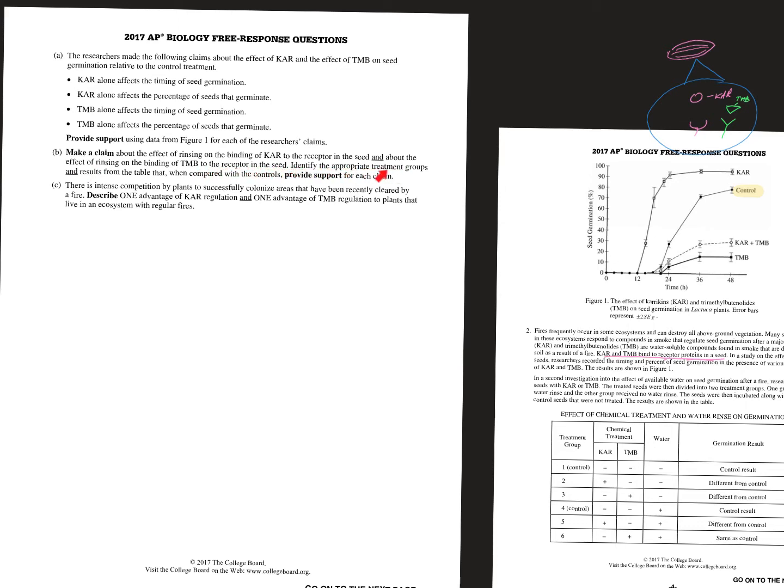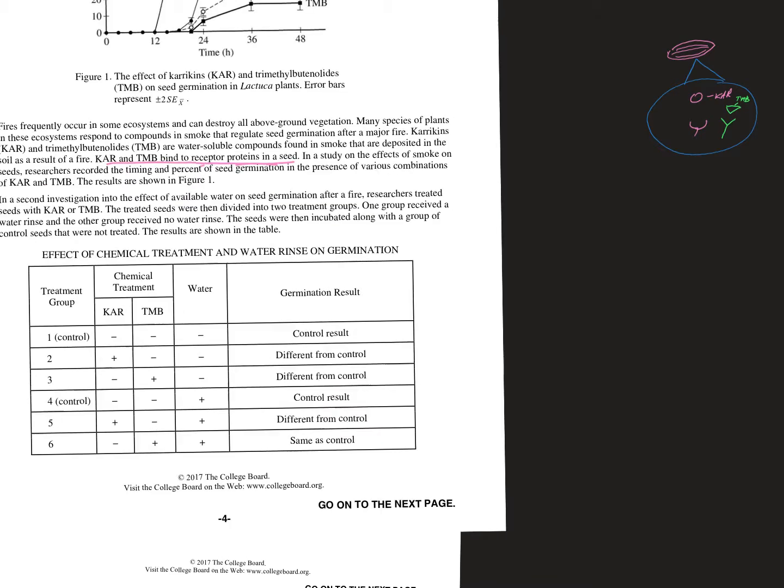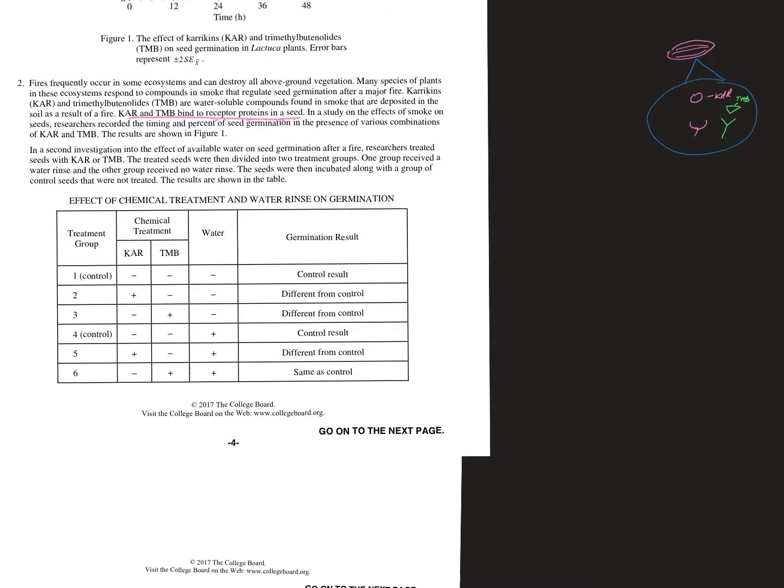Identify the appropriate treatment groups and results from the table that, when compared with the controls, provide support for each claim. Well, it's basically what I already said about this table.